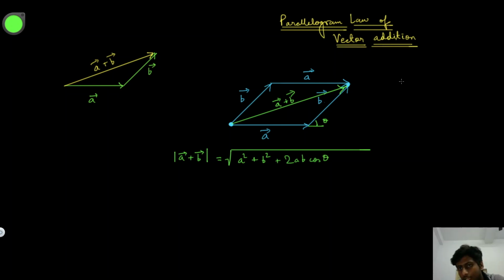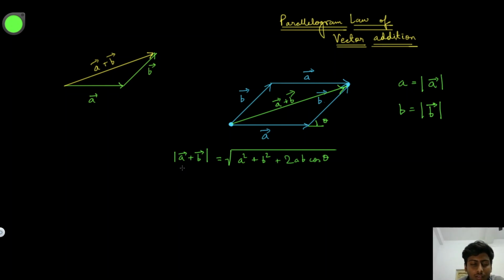Note that when I am writing a without an arrow on top, it represents the magnitude of A vector, and b similarly represents the magnitude of B vector. So this is the way we can add two vectors using the parallelogram law.